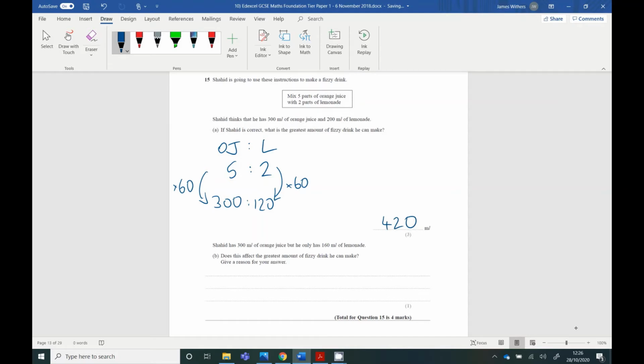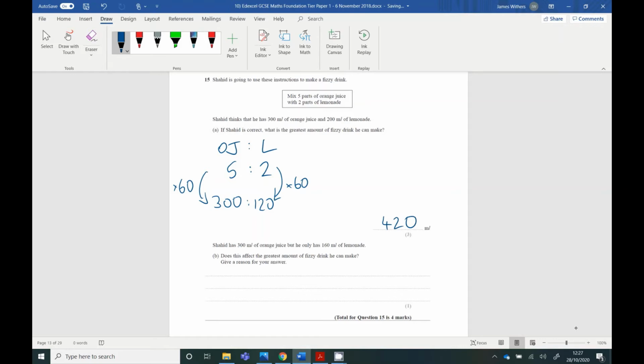Does this affect the greatest amount of fizzy drink he can make? Well, no, it doesn't. Look, to start with, when he had 200 millilitres of lemonade, he still only used 120 of it. The other 80 wasn't used. So the fact that he's got 160 millilitres of lemonade is neither here nor there. He still only needs 120.